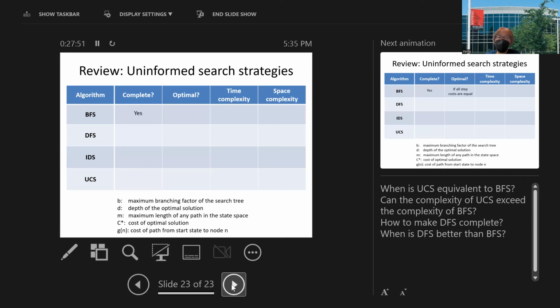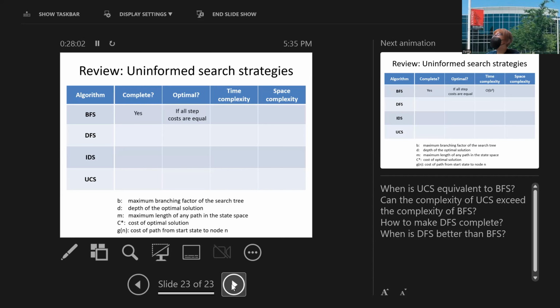And is it optimal? Optimal means it always finds the best solution. If all steps cost the same, then it is. Time complexity is b to the d, where d is the depth. Space is also order of b to the d.